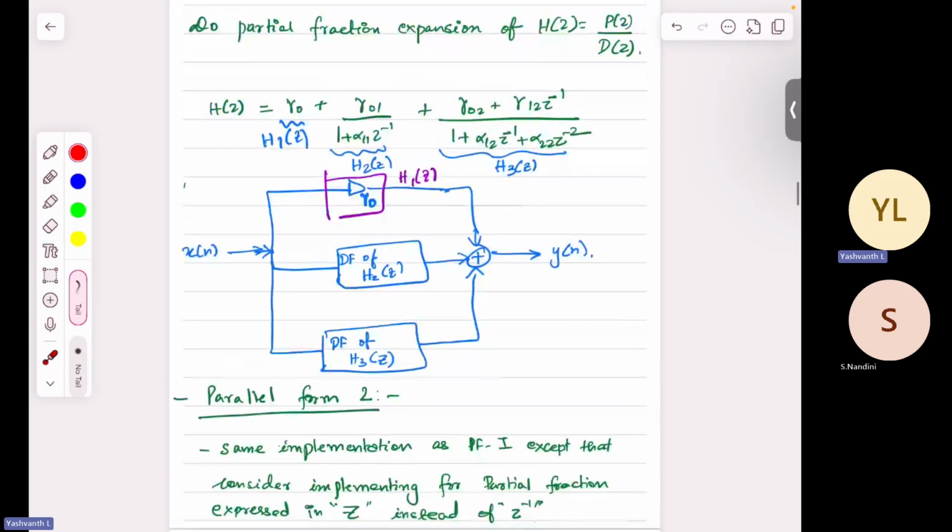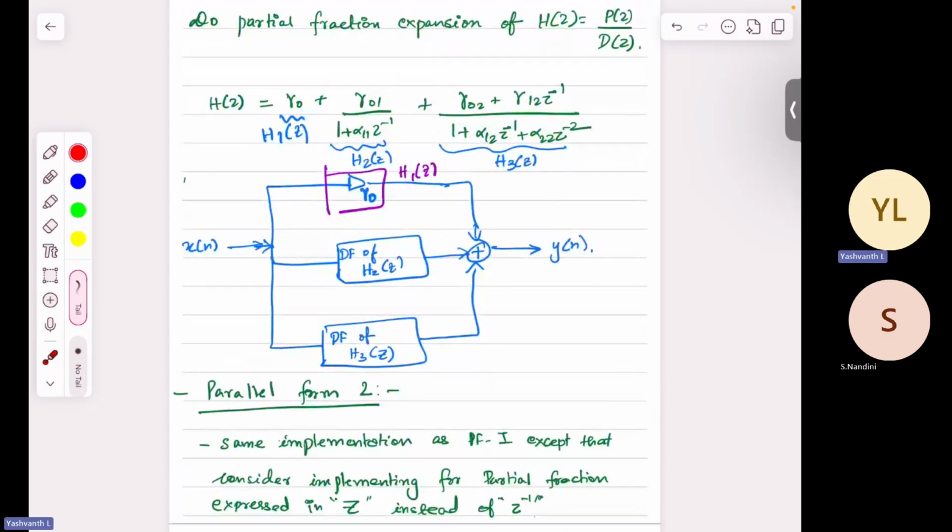For parallel form 2, you do the same thing, except that you take a partial fraction expansion containing the term z instead of z inverse. That gives a slightly different way to realize your system. So what we have seen is that there are several ways to implement.